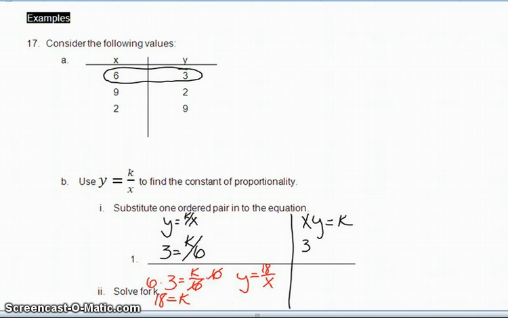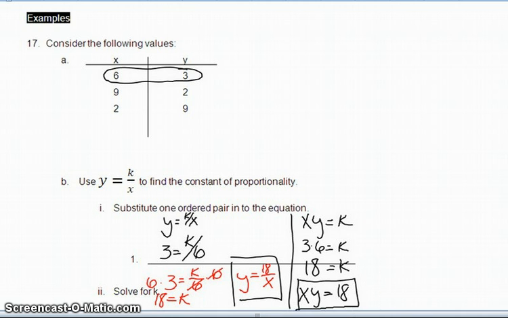I have 3 times 6 equals k. k equals 18. And my generalized equation becomes xy equals 18. And both equations are equivalent. They are exactly the same relationship.